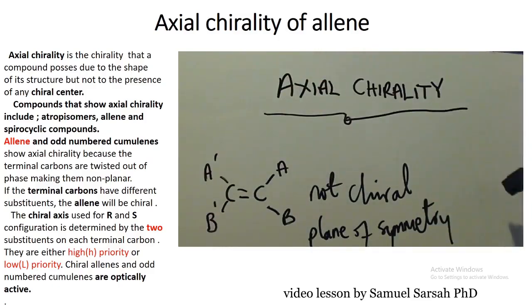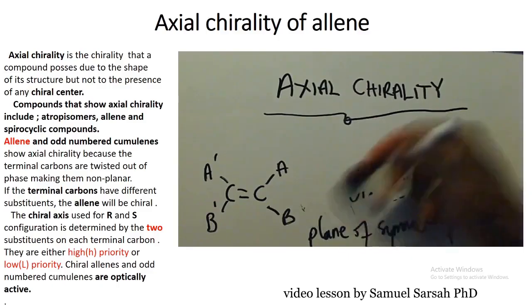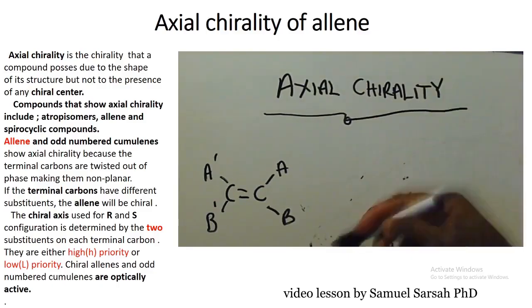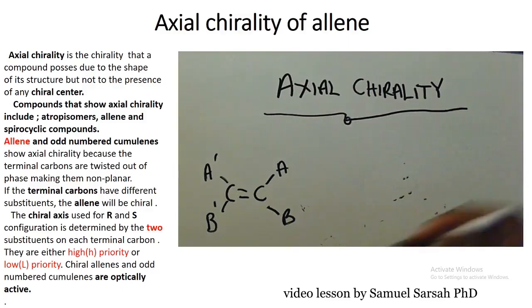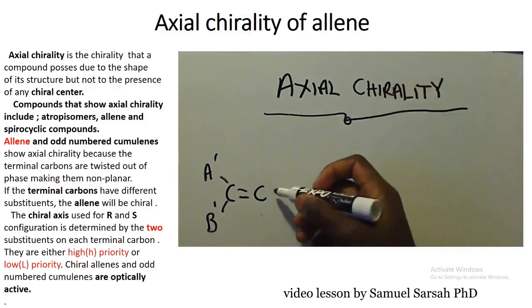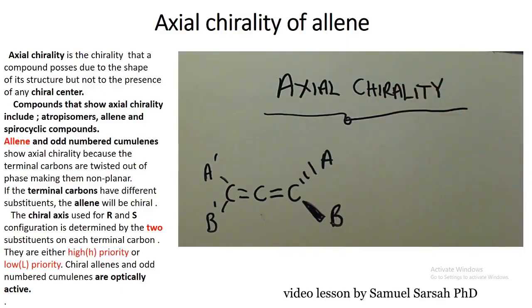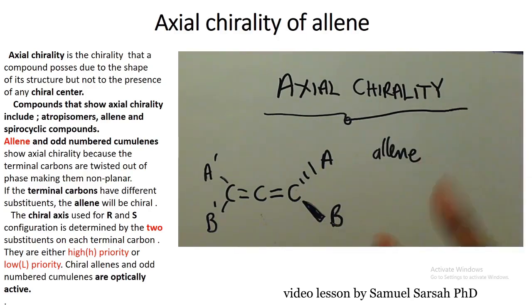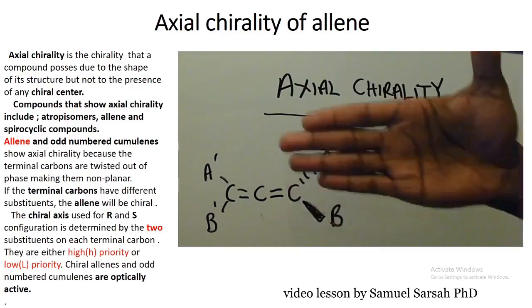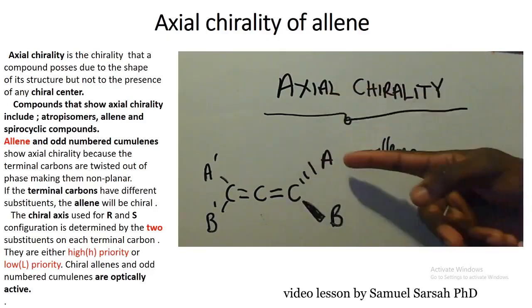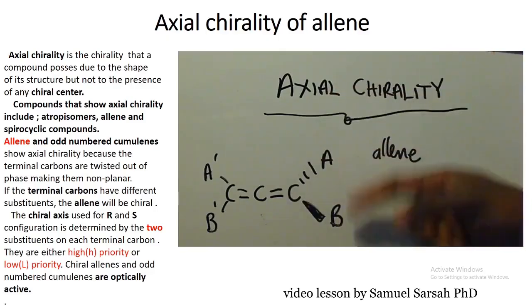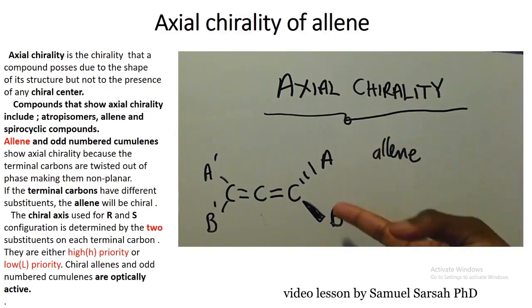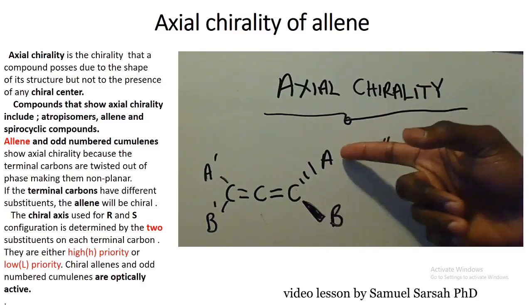Let's try something different. I'm going to draw an allene. This is an allene, or a structure that looks like an allene. Now here, this molecule is not flat because this is pointing towards me, this is pointing away from me.